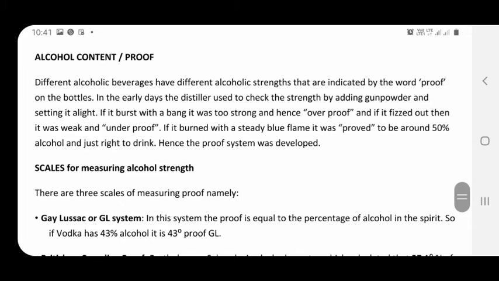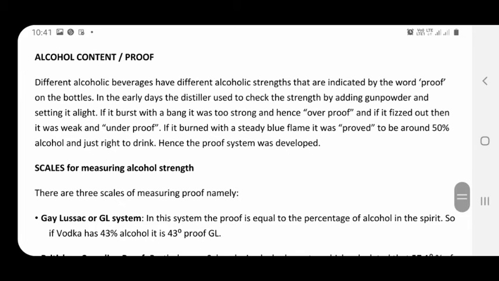Different alcoholic beverages have different alcoholic strength, which is indicated by the word proof on the bottle. In the early days, distillers used to check the strength by adding gunpowder and setting it alight.